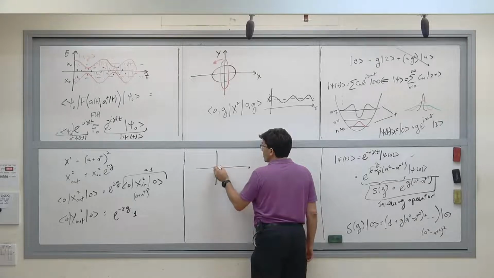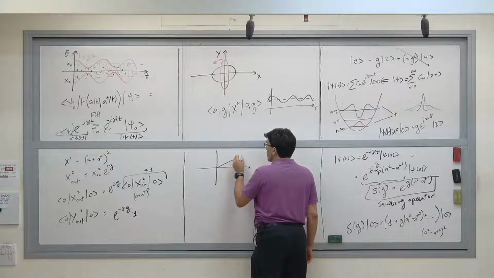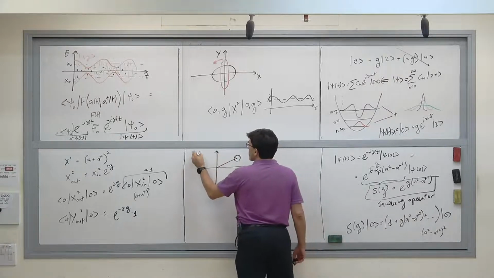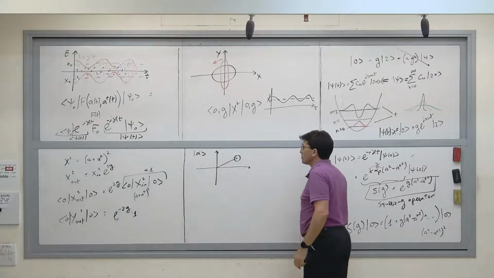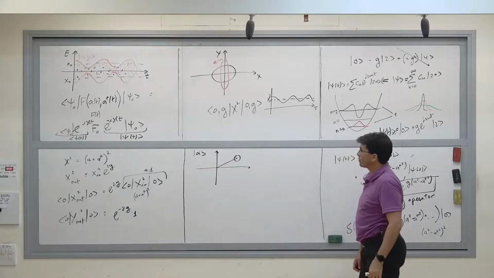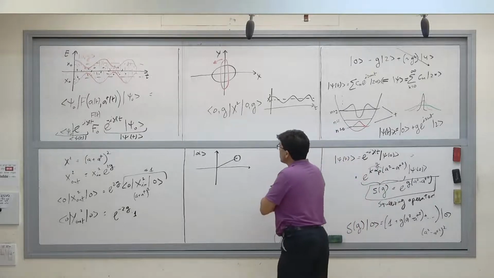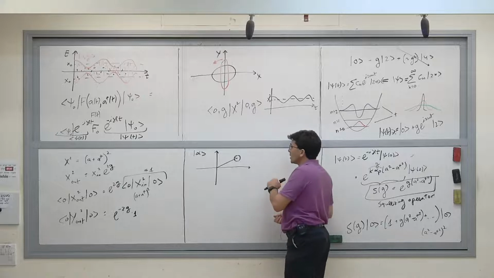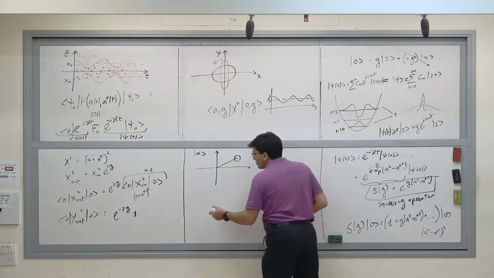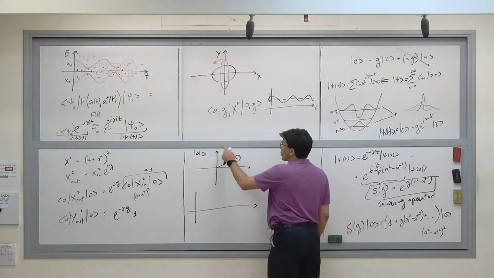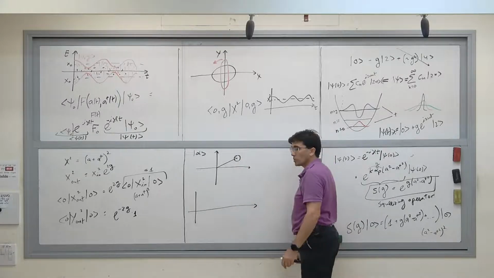The coherent state is just this, and some uncertainty here. This is the standard alpha. Now, if I think about this in time, what will it look like? Well, this thing rotates, and there is an uncertainty to it.